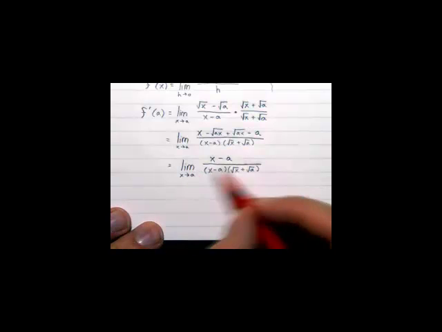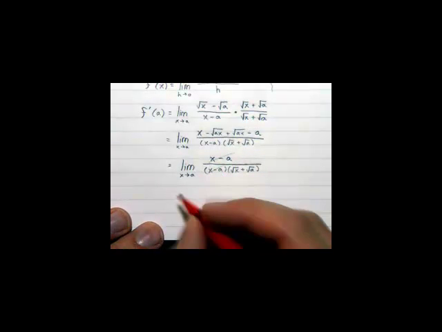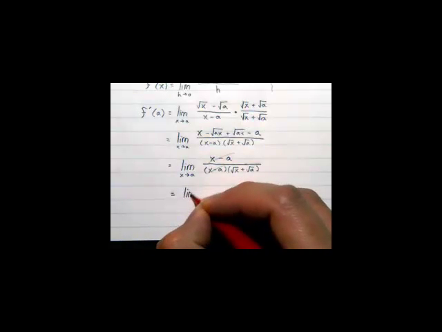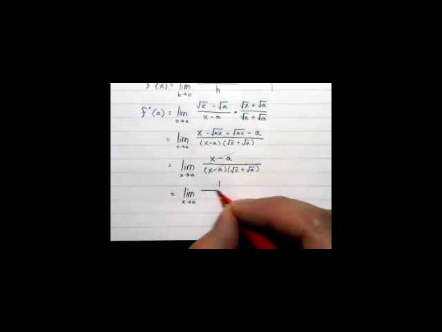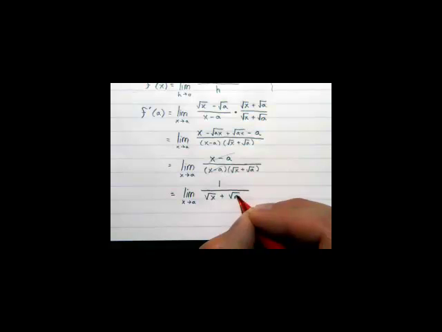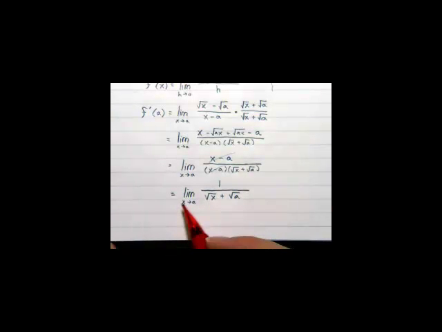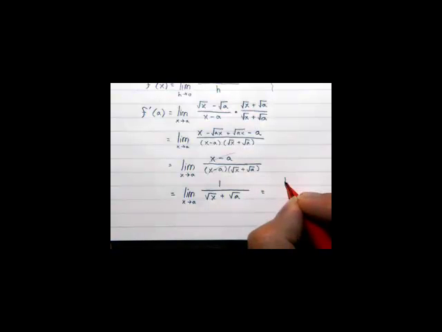So that we can actually try substituting that a in there. So with both of those gone, we've got the limit as x goes to a of 1 over square root x plus square root a. And so if I take this a and plug it in now, because I can, I have 1 over 2 square root a, because it would be square root a plus square root a underneath there then.